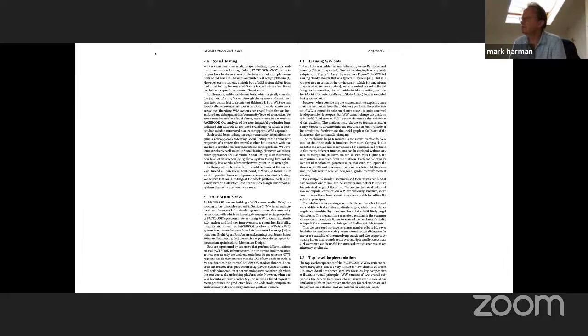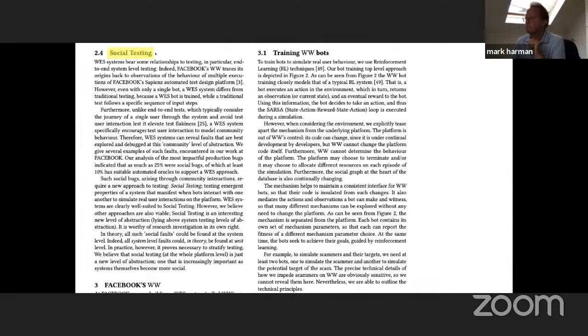And there's another idea I wanted to draw your attention to in the paper, which is this idea of social testing. So what is social testing? Well, the way we arrived at the realization that it would be beneficial to have bots interacting with each other partly came about through consideration of how our existing infrastructure automates testing. So as people may know, we have this Sapienz technology, which is an automated search technology for automated test data generation.